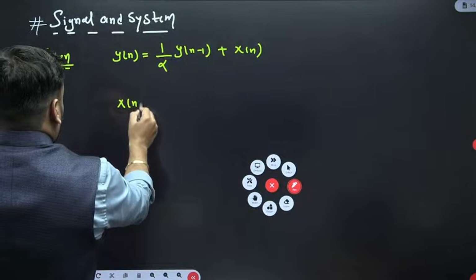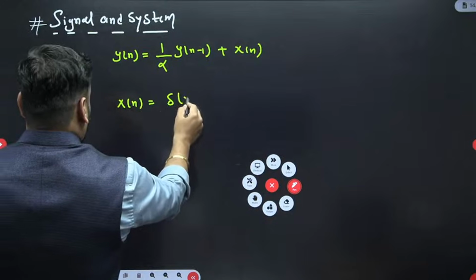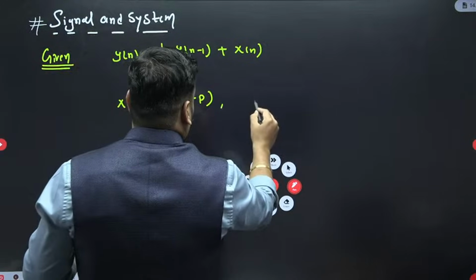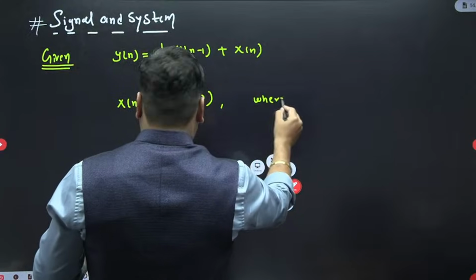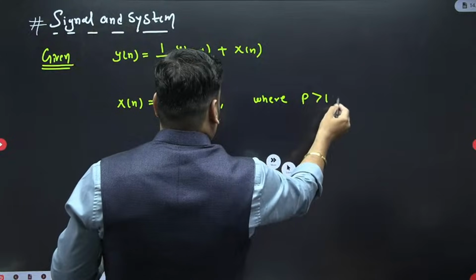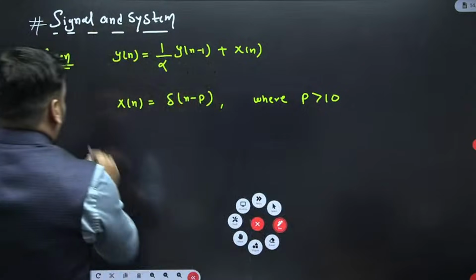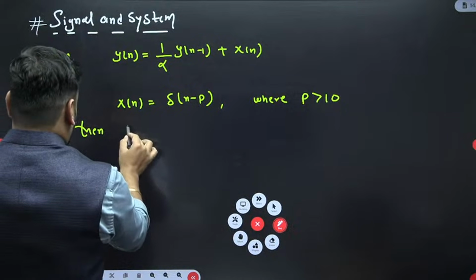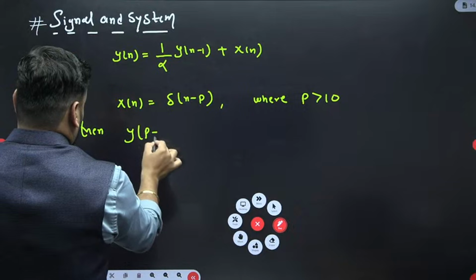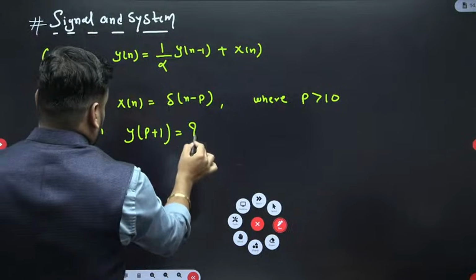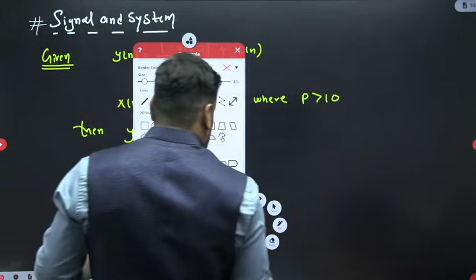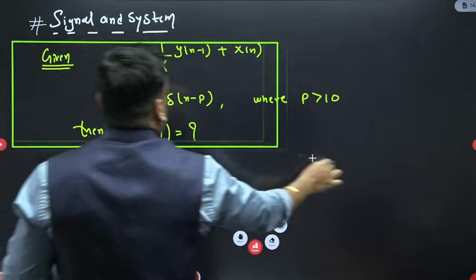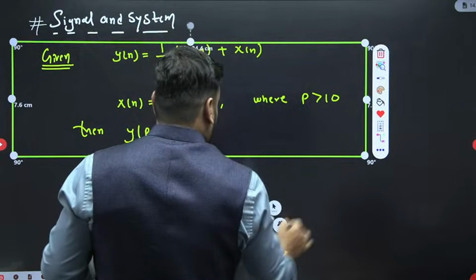The x of n value is also given in the form of an impulse, delta of n minus p, where p is greater than 10. We need to find y of p plus 1. This is the question, guys. So first of all, can you please confirm the data, guys? This was the question data. Can you please confirm first?